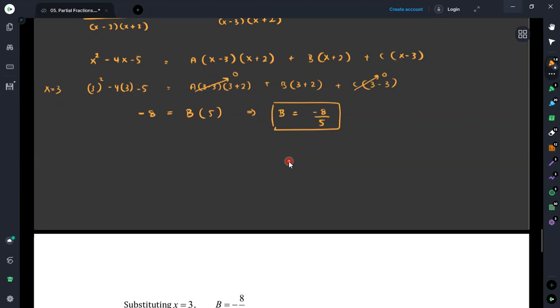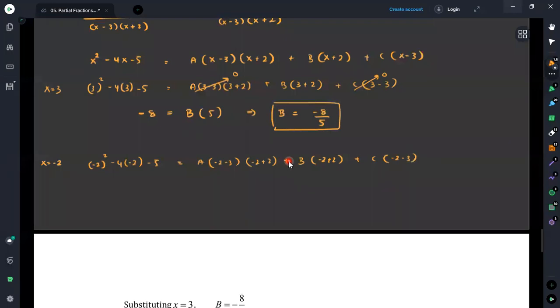Now we need to find the values of a and c, which are the remaining ones. Then I set x equals minus 2. If I set x equals minus 2, then minus 2 plus 2 becomes 0, and there is only one term remaining. Then minus 2 squared minus 4 times minus 2 minus 5 equals a times minus 2 minus 3 times minus 2 plus 2, plus b times minus 2 plus 2, plus c times minus 2 minus 2.